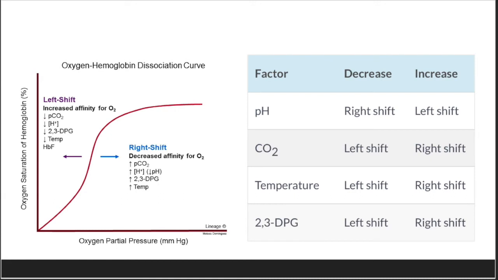Now, I hope that you guys got something out of this, because there's a variety of environmental factors that can really shift the OHDC. Man, that sounds a whole lot easier to say than the oxyhemoglobin dissociation curve. But think about the patient's metabolism, their pH, CO2, the temperature, whether it's going to shift to the left or to the right.